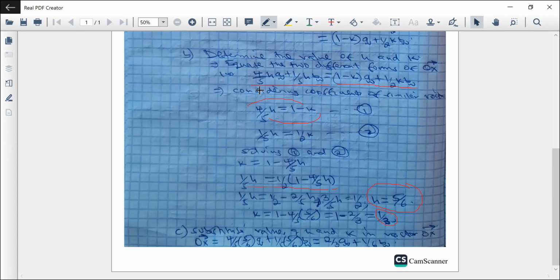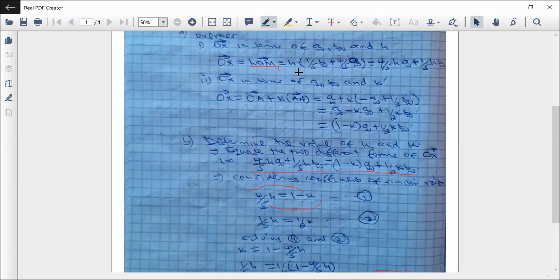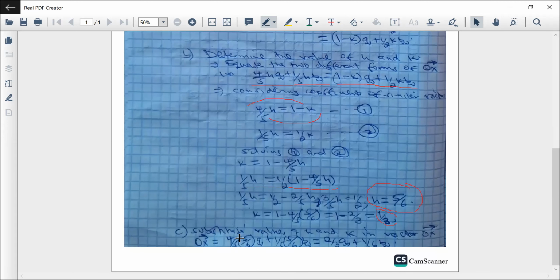In the first case, we found vector OX was 4 over 5 H vector A and 1 over 5 H vector B. So 4 over 5, H is 5 over 6, vector A plus 1 over 5, H is 5 over 6, vector B. You get 2 over 3 vector A plus 1 over 6 vector B. In the other case, we found OX is equivalent to 1 minus K vector A plus a half K vector B, which means 1 minus K is 2 over 3 vector A plus a half K vector B. A half times K, which is 1 over 3, gives 1 over 6 vector B. So you find the two are the same.